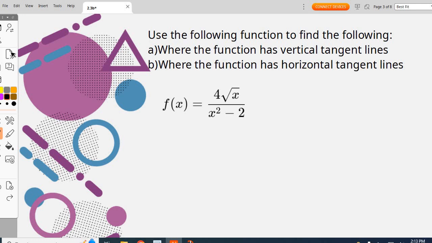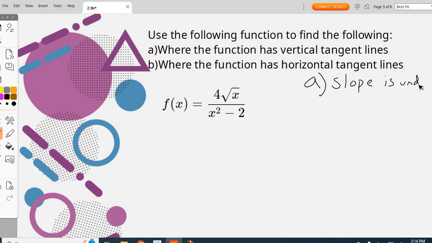When we see tangent lines, what should we think of? The derivative. Okay. So if I have a vertical tangent line, what is the slope of a vertical line? Undefined. So we're looking on part A where the slope is undefined.